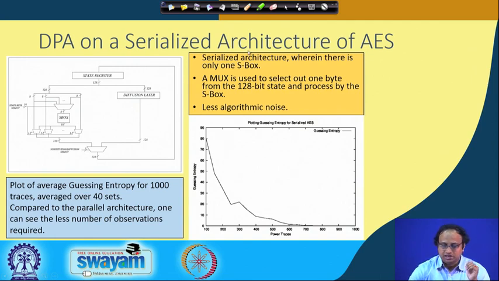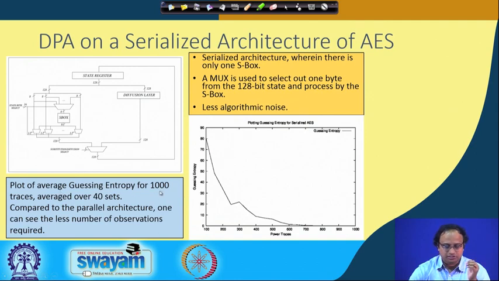So, here in this serialized architecture, there is only one S box. That means that there is no algorithmic noise. When you are targeting that S box, there is no parallel S box which is also in play, because there is only one S box in the hardware. There are no parallel S boxes in the architecture. Therefore, there is less algorithmic noise, and exactly that is what you see here when you are doing the power attack.